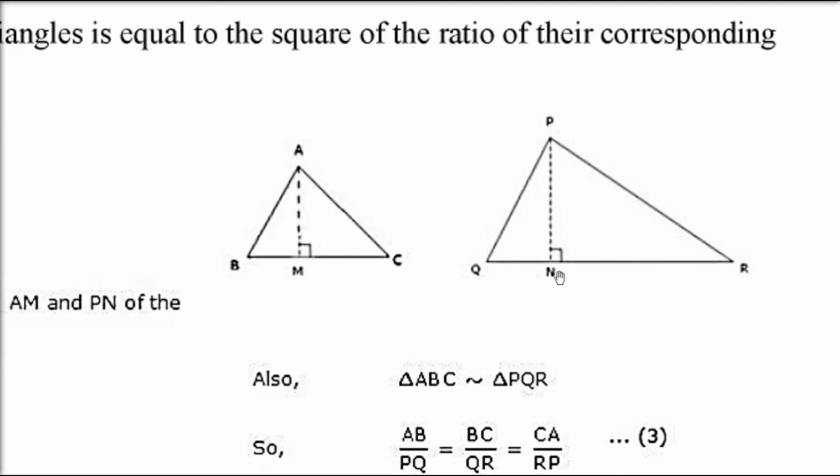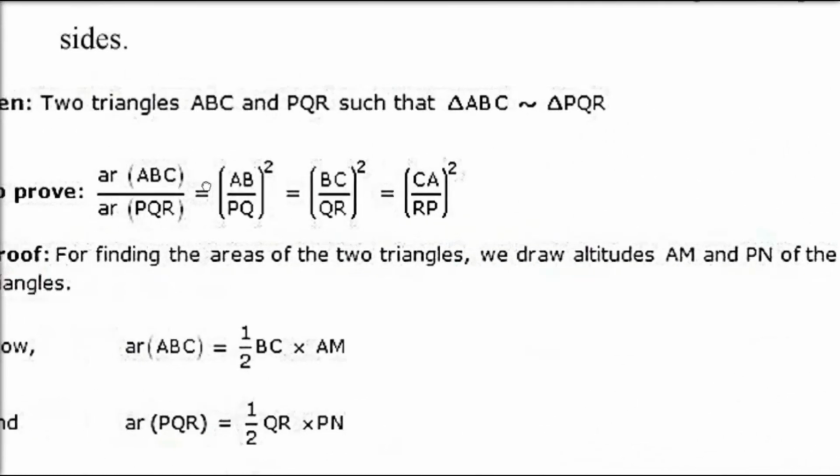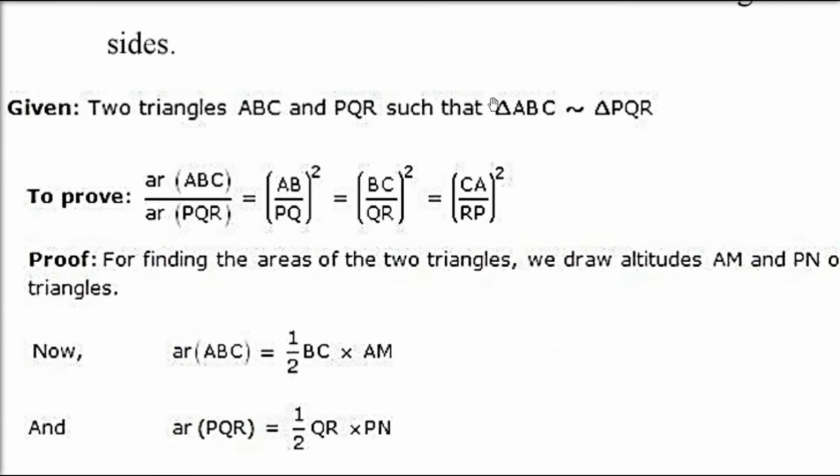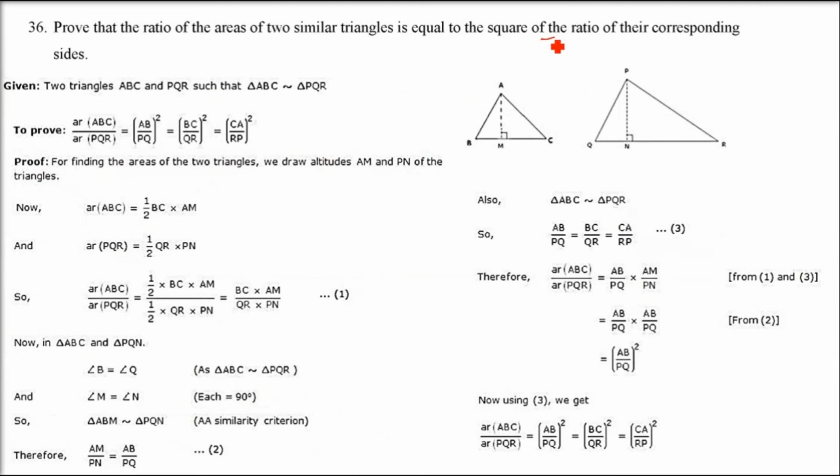So this AM is perpendicular to BC, PN is perpendicular to QR. Since we have two triangles which are similar, we have to take the ratio of the areas and prove that it is equal to the ratio of the corresponding sides squared, all the three sides squared.